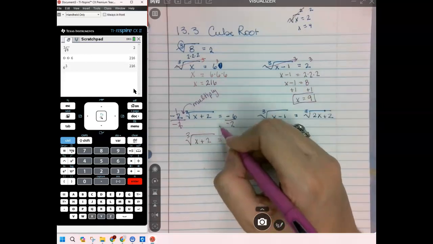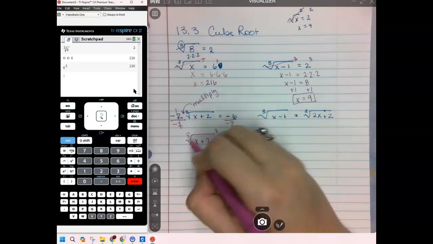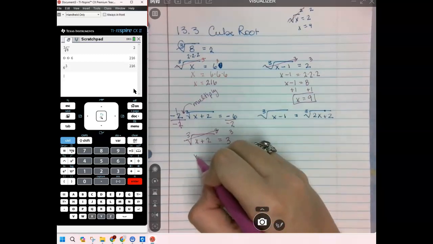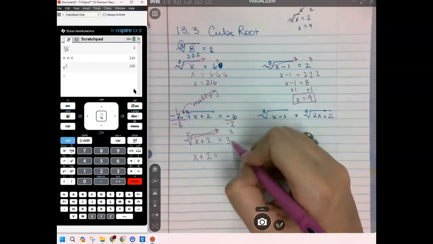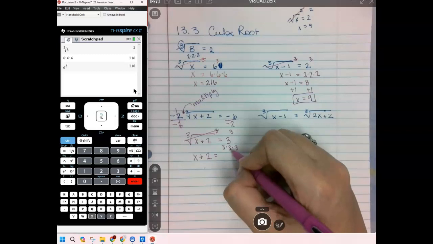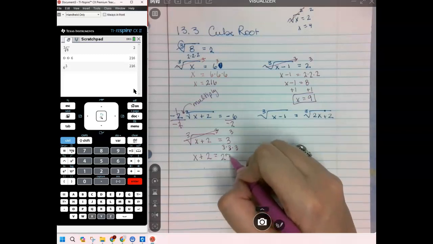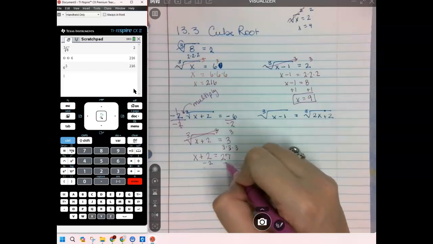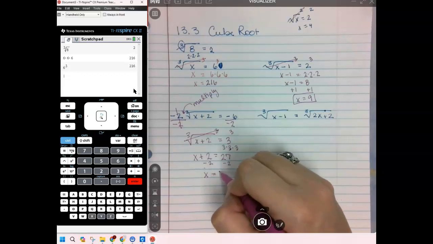Now I'm going to cube both sides. These cancel. X plus 2 equals 3 cubed, which is 3 times 3 times 3. Well, 3 times 3 is 9, times 3 is 27, minus 2, and I get x equals 25.